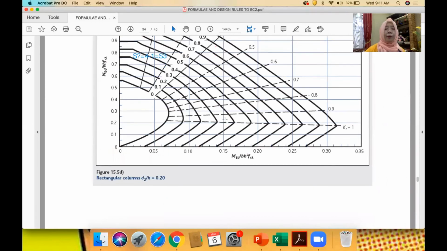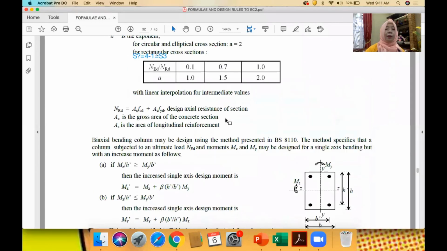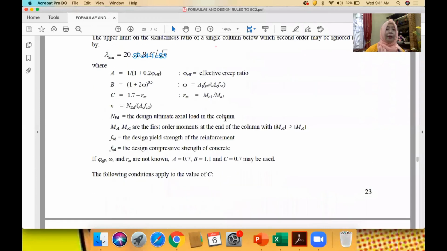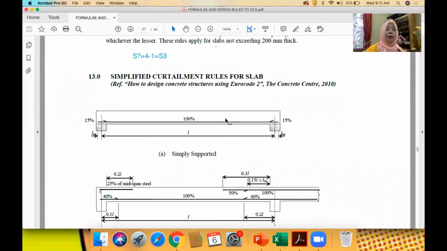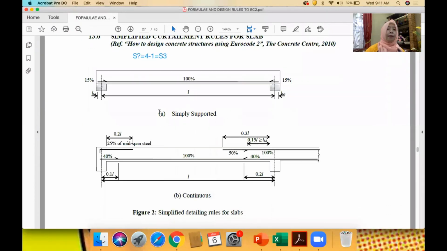In the design and formula booklet, we also have the simplified rule. This is for the slab. The first one is the simply supported slab. This is 100%. Remember, just now we had H12 at 225.